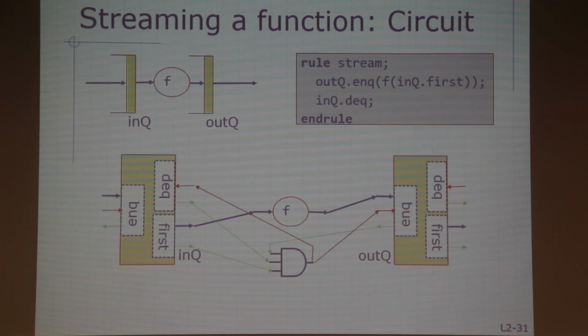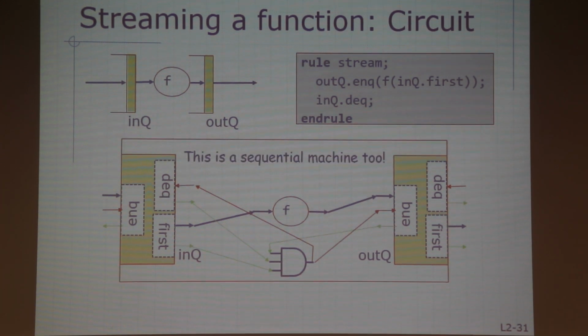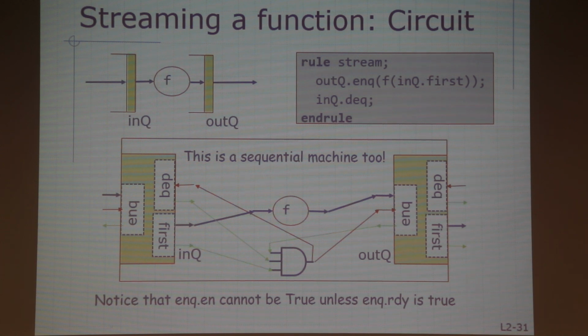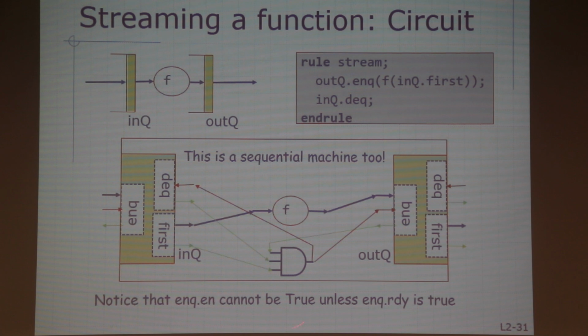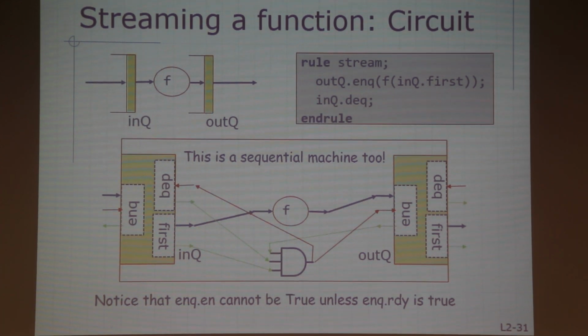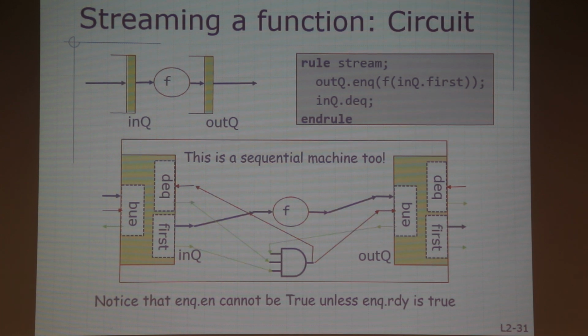So we can build circuits, we can generate all this. Notice that NQ cannot be true unless this is the important invariant, which I was pointing out. You can never press the NQ until the corresponding ready signal is available to you.